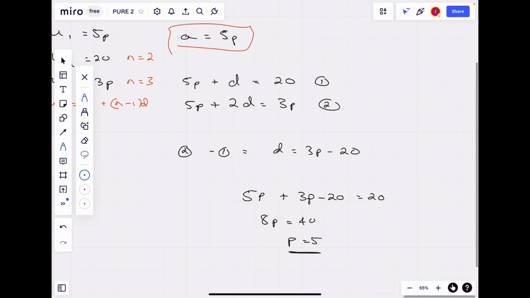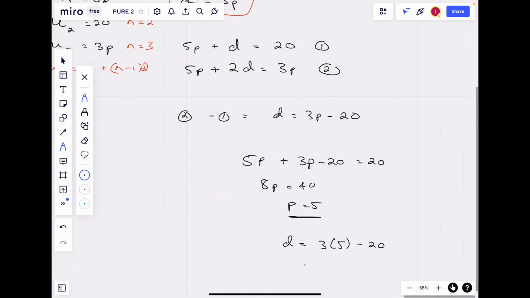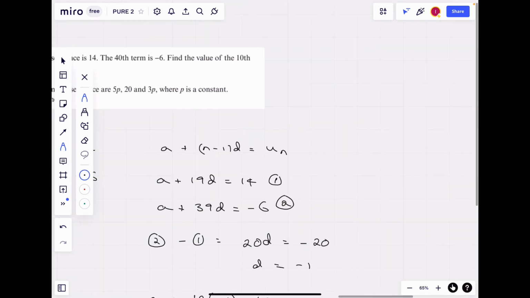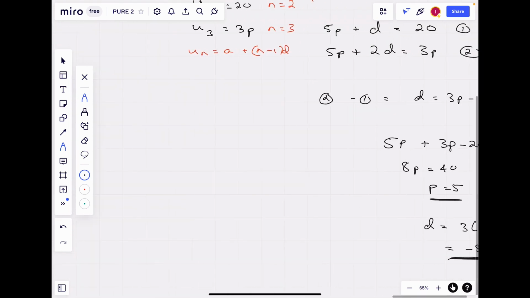When p equals 5, d equals 3 times 5 minus 20. So d equals minus 5. And the question is asking us to find the 20th term.